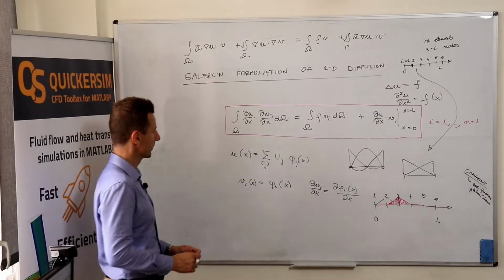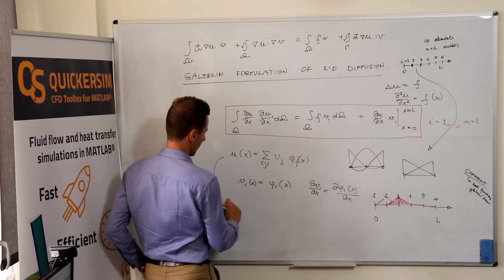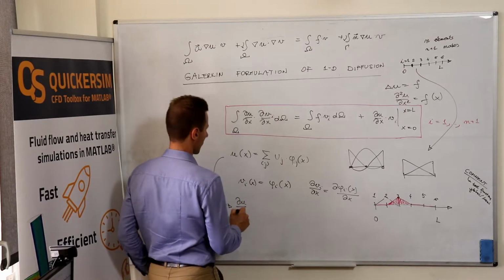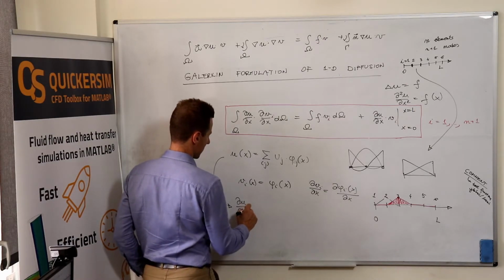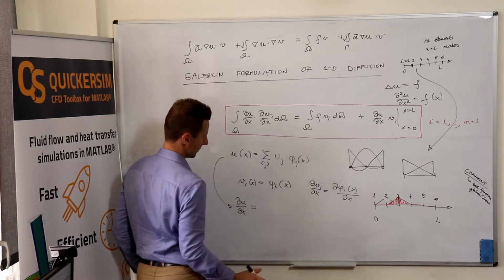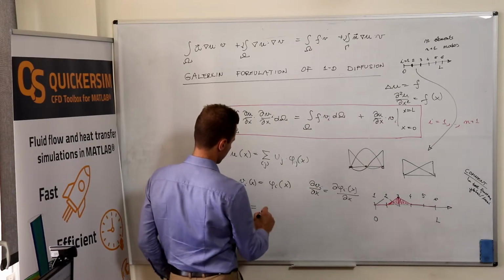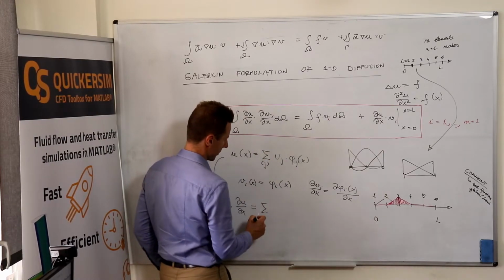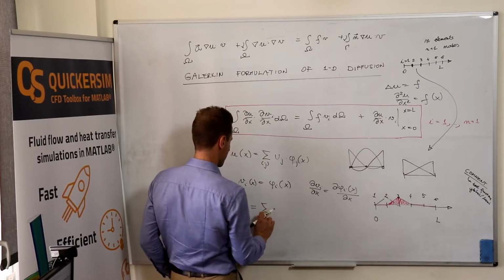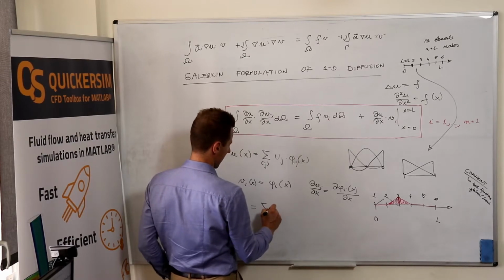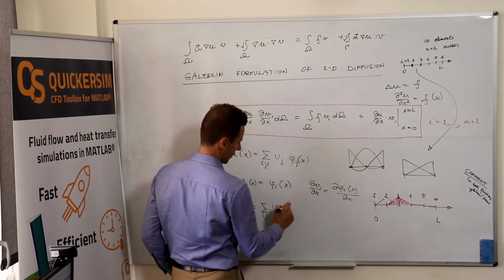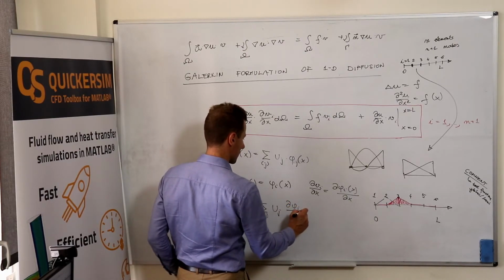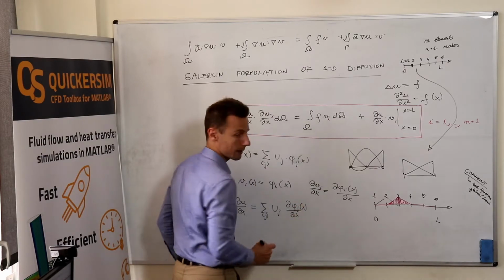That's pretty obvious. Let's differentiate that. du/dx is nothing else than, well, differentiation is linear, summation is linear, so that's nothing else than the sum over j, the components u_j do not change. The only thing we need to differentiate are the shape functions with respect to x.